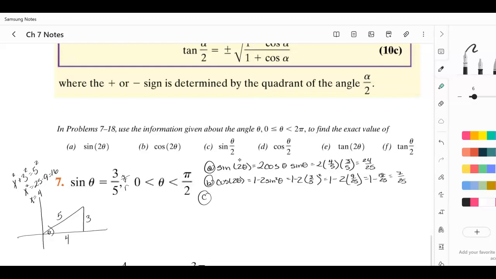Okay, let's look at C. C is a half angle formula. So we've got to think about where that half angle lives. So if theta is between 0 and pi over 2, then theta over 2 is going to be between 0 and theta over 4.